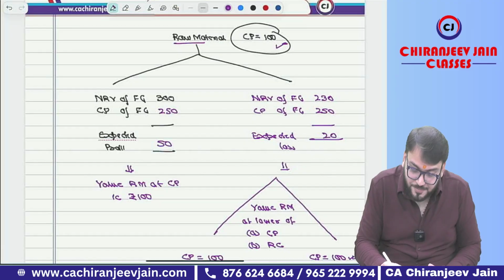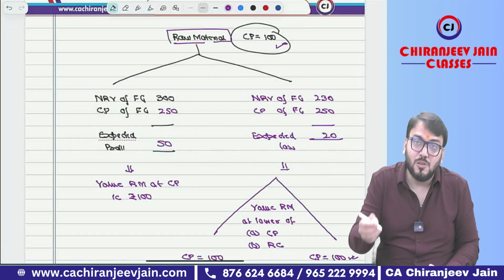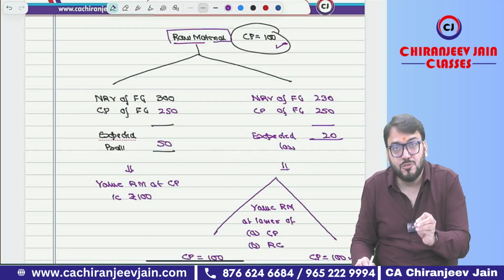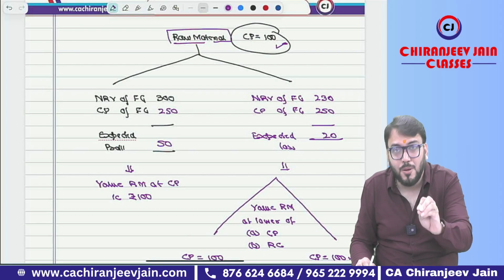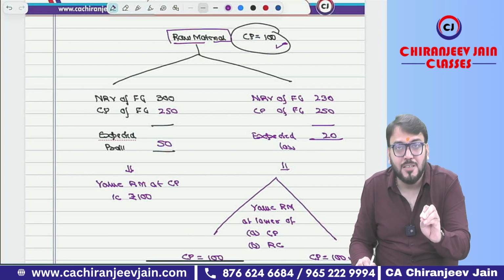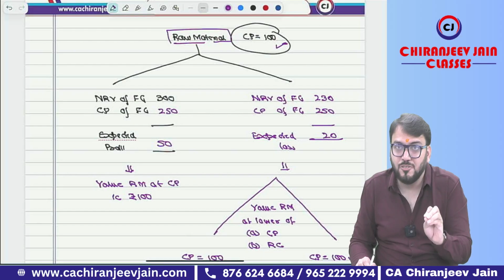So the valuation of raw material once again depends upon whether the finished goods produced from that raw material are expected to be sold at profit or at loss. If expected to be sold at profit, then value raw material at cost price only.